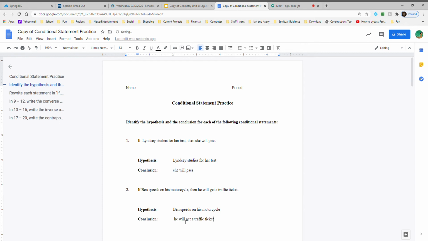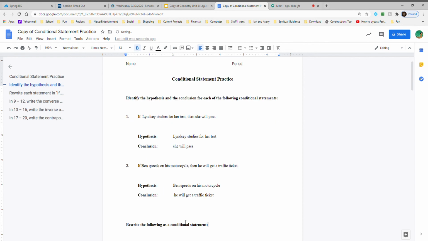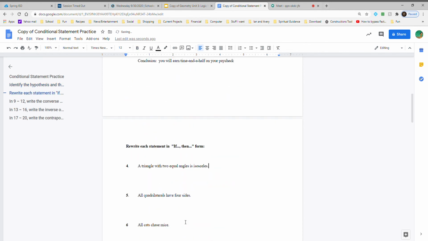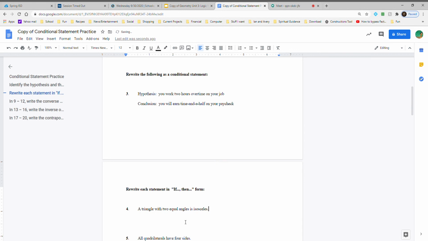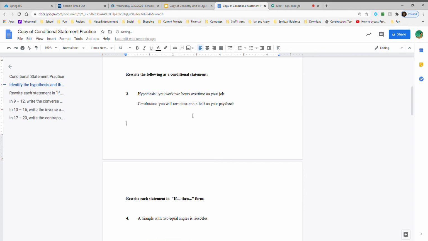Okay. I'm going to come down here. We're supposed to write a conditional statement. We have the hypothesis, so all we need is an if and a then, comma, then. And we have our statement. This is the hypothesis, and it goes between if and then.